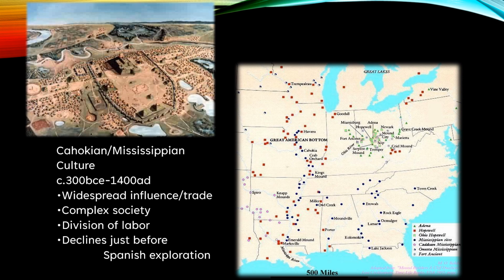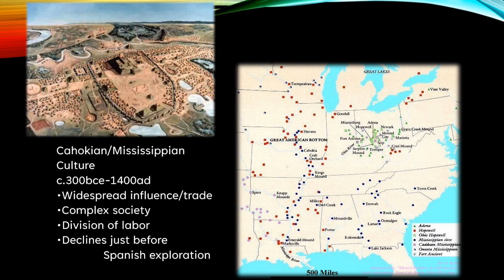But take a look at this, ladies and gentlemen. This is a huge city, and that requires laws. It requires a government. It requires a division of labor. There have to be warriors that are going to protect the city. There have to be laws on the books so that a trader coming to your town, your city here, and giving up furs or food or whatever they're going to do, they're going to get a fair value for their products.